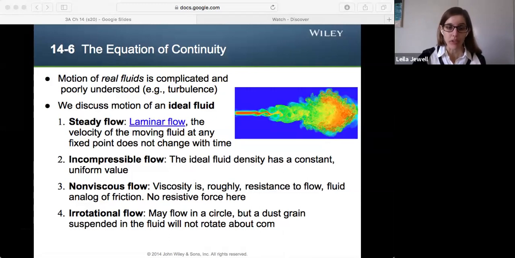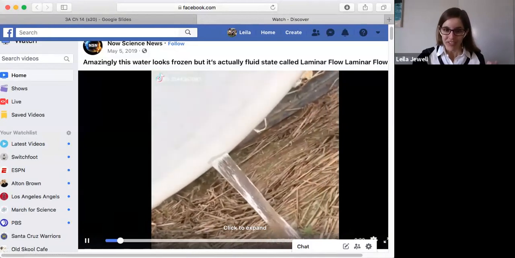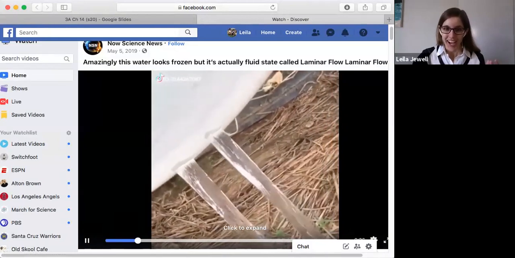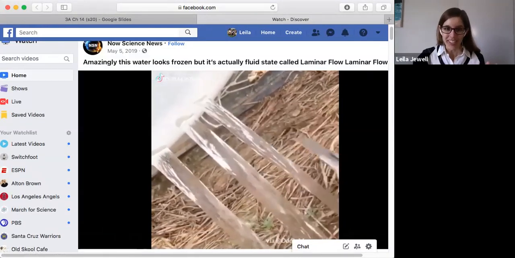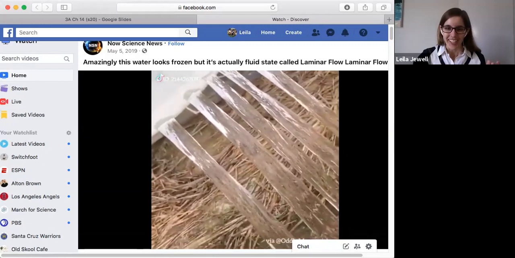But for an example of laminar flow, this video was posted about a year ago, and there's like a water balloon type thing. And as holes are poked with a knife, the water comes out, and it looks like it's frozen in place like an icicle. But it turns out it's not.